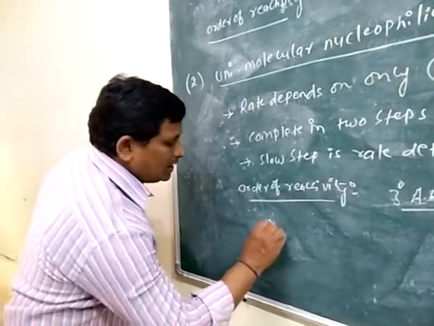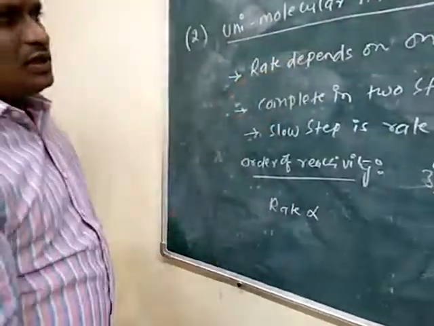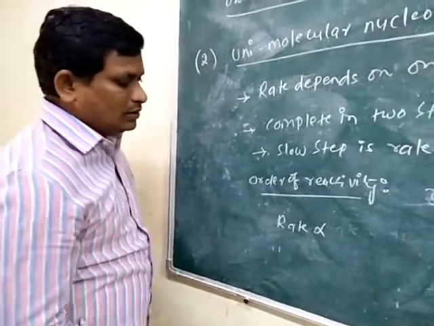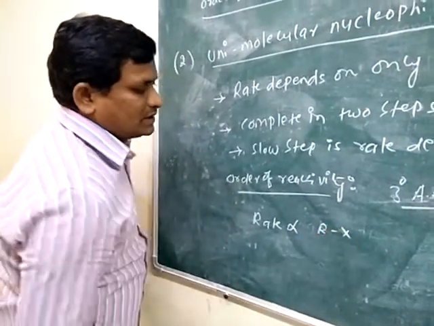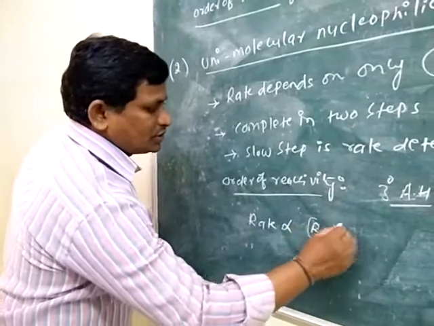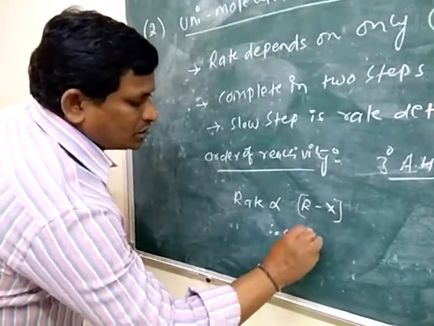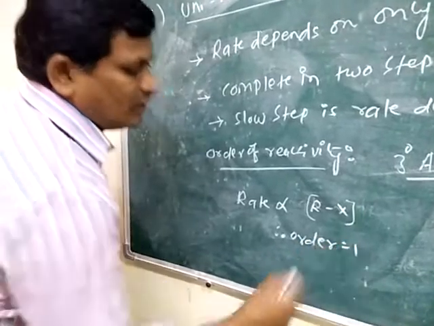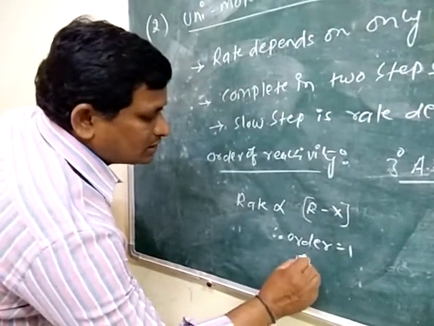The rate depends only on the concentration of the alkyl halide but not the nucleophile. So the rate is directly proportional to RX. Therefore the order of the reaction is 1. If the order is 1, it is first order kinetics.